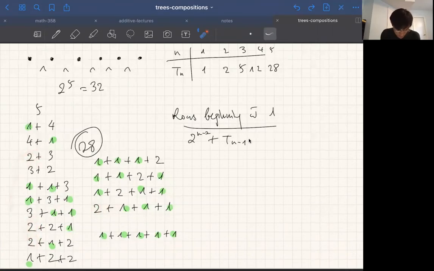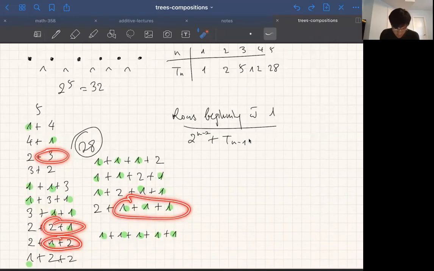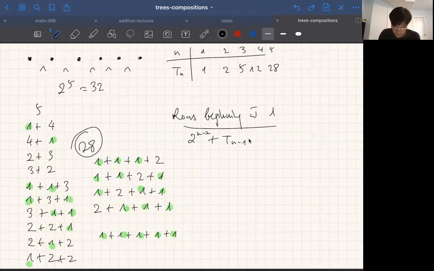Let's circle the rows instead. These are the 4 compositions of 3. But we know how many ones are in the compositions of 3, because that's T to the n minus 2. And so if the pattern continues, we would have T to the n minus 1, n minus 3, and so on.